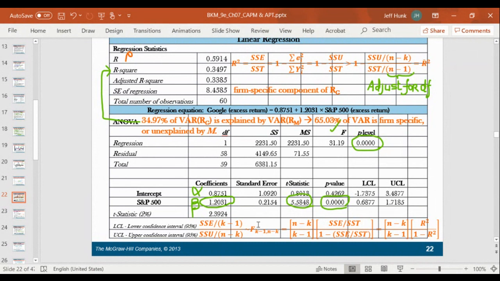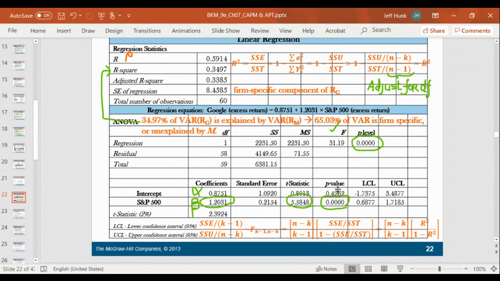One standard deviation is about 32% above the mean, 32% below the mean. So that probability is not even one standard deviation away from the mean beta value of zero. You see what I'm saying?